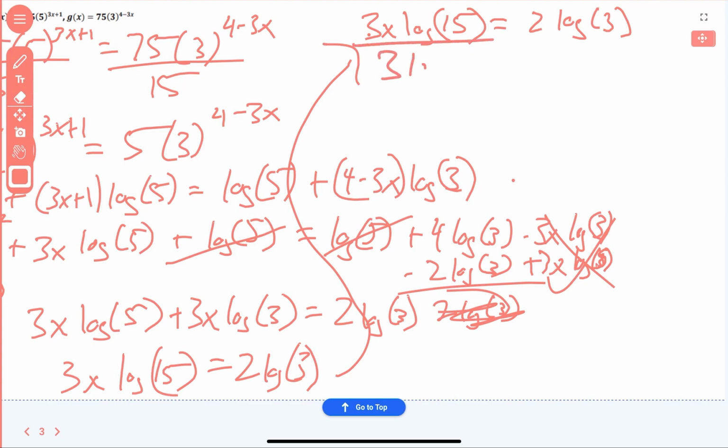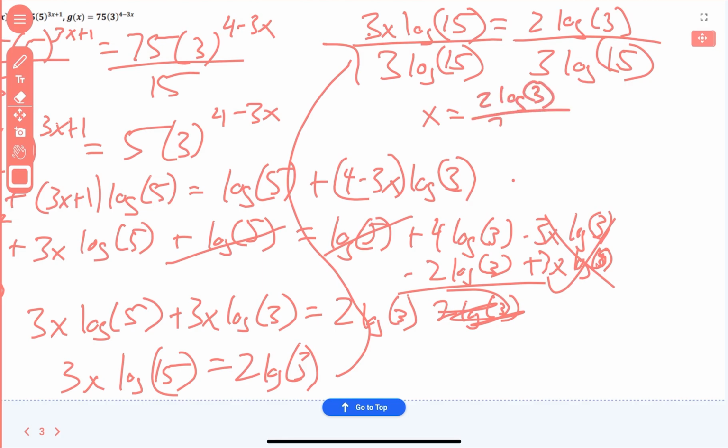If we divide everything by 3 log 15, we would get x equals 2 log 3 divided by 3 log 15.